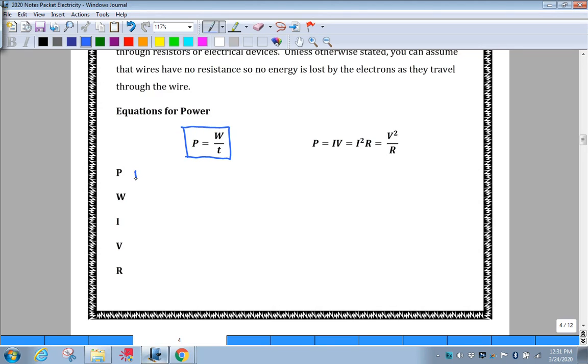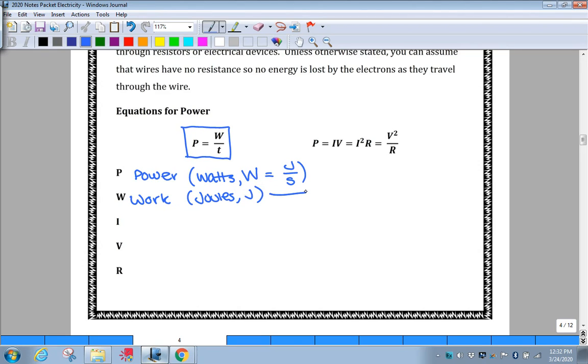Power, which we measure in watts, we could abbreviate W, but also realize that it is equivalent to a joule per second. That is our unit for power. W is going to be work, and we can measure work in joules, which we could abbreviate J.